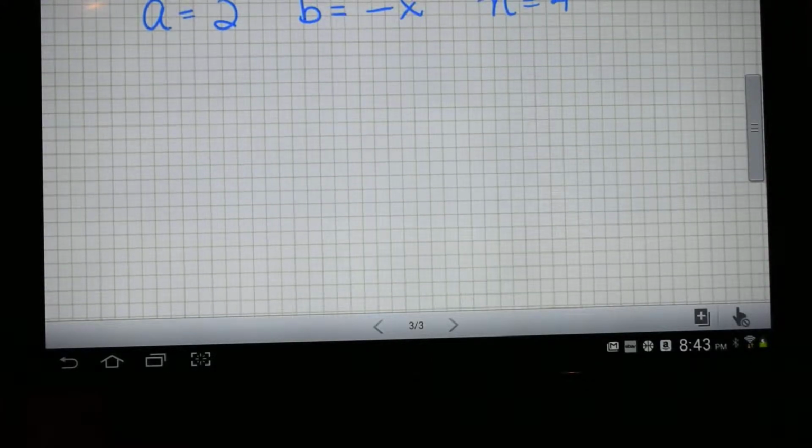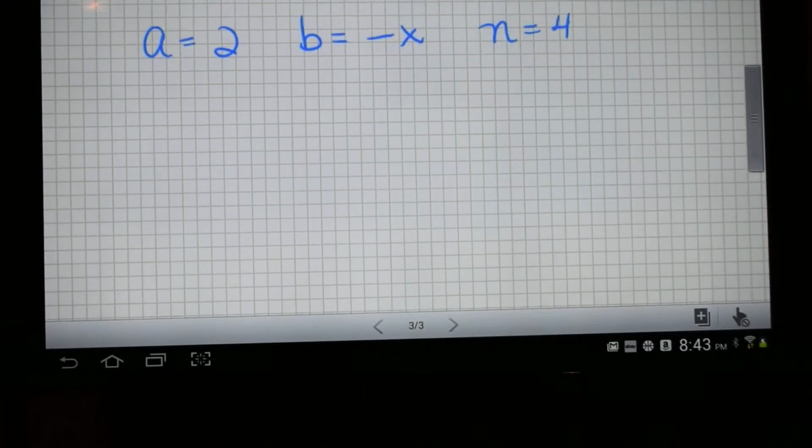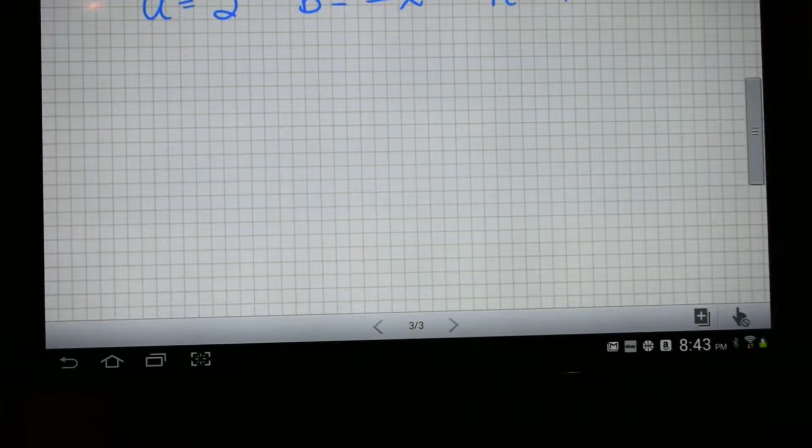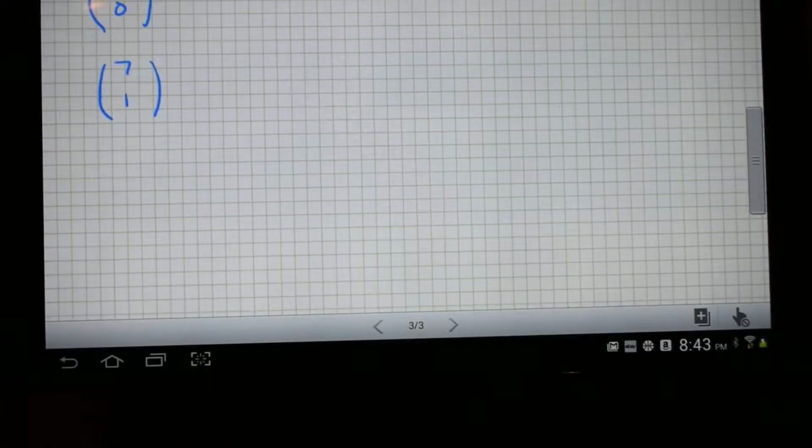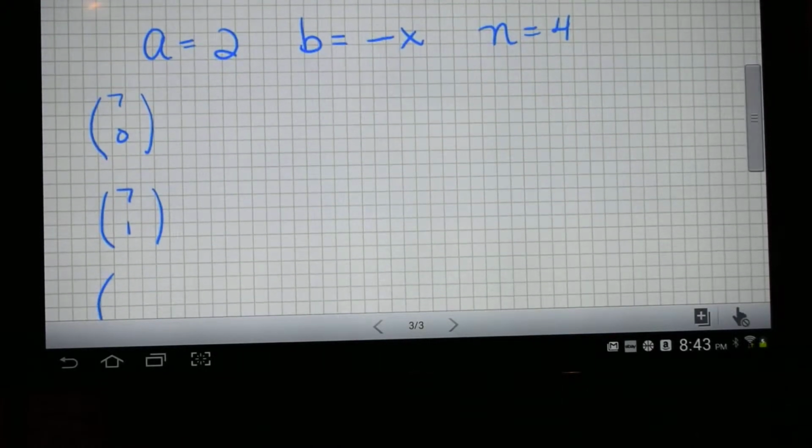I like to do straight down the left-hand column. It's going to be 7, 0 for your first term. Your second term is going to be 7, 1. Your third term is going to be, oh, it's not 7, is it? That's 4. Thank goodness.